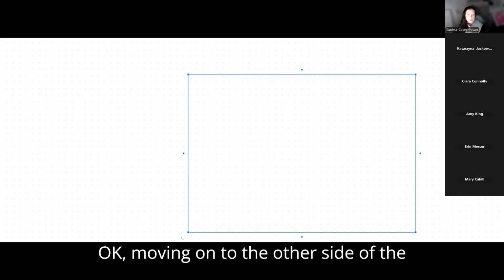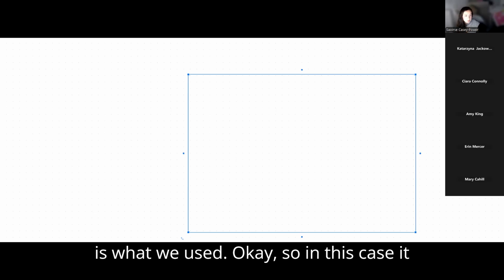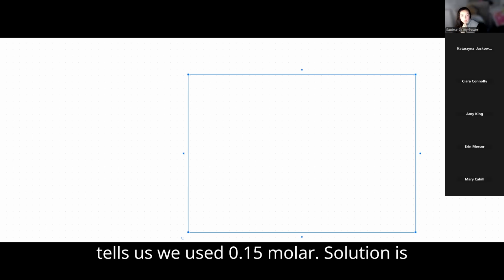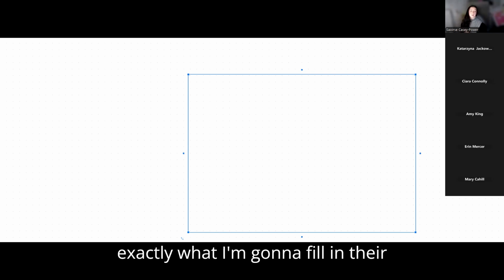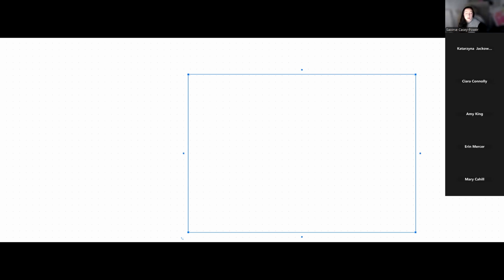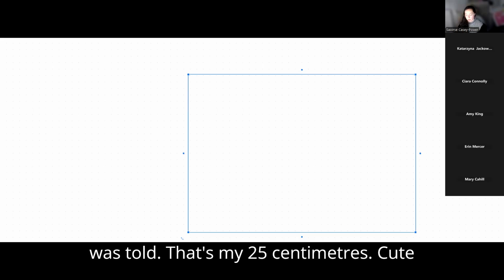Moving on to the other side of the equation then. Your molarity of your base is what we used. In this case, it tells us we used a 0.15 molar solution of sodium hydroxide, so that's exactly what I'm going to fill in there, 0.15 molar. My volume of my base is what I was told, so that's my 25 centimeters cubed.